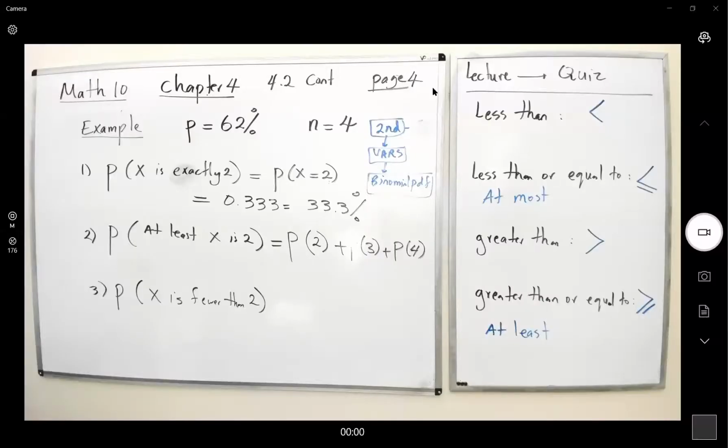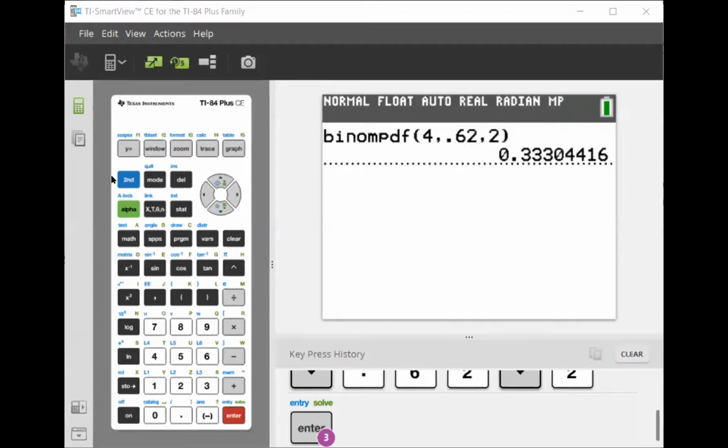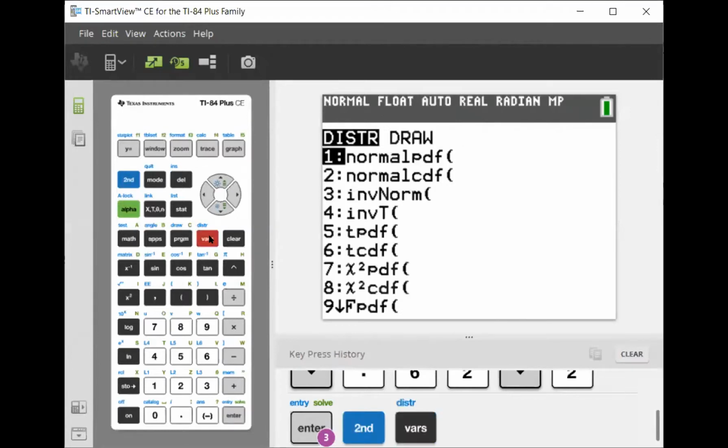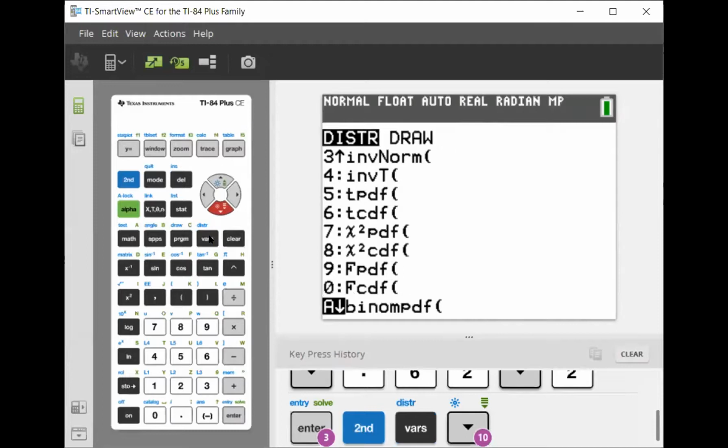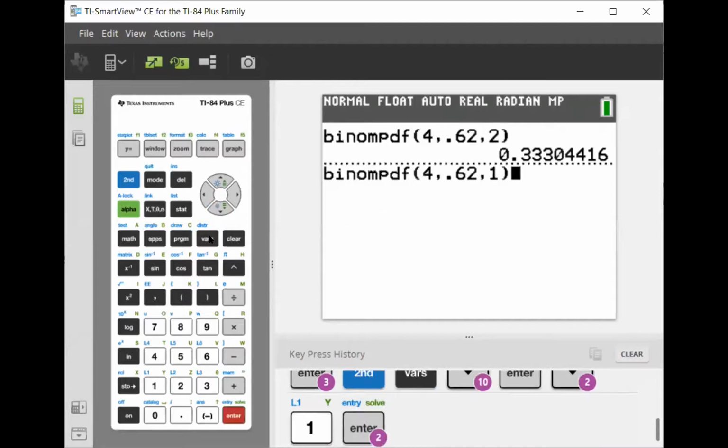Very well. Here we have our calculator. So let us calculate P of 1 first. Binomial PDF, 4 and X is 1. So this probability is 13.6.